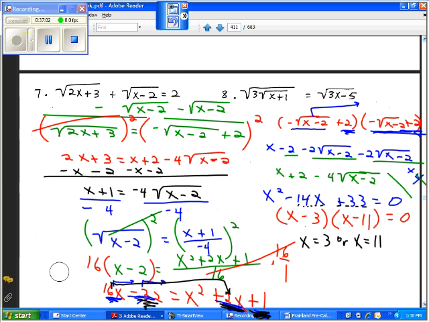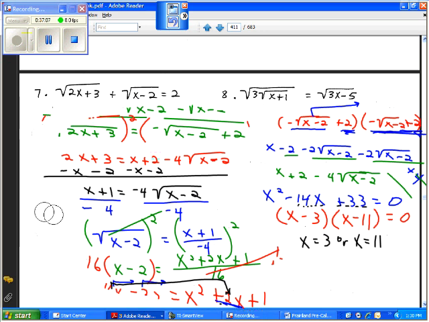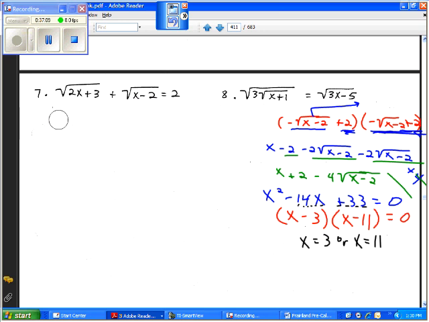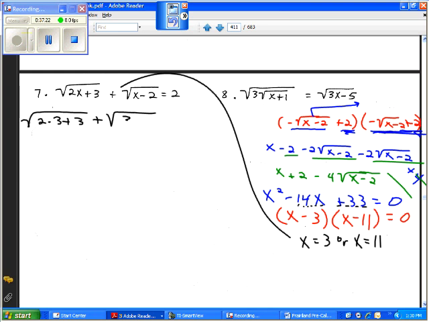But we still have to plug them back in to see if they work. These get kind of big. So we're going to plug these in. If we plug them in, we would have square root of 2 times 3 plus 3 plus square root of 3 minus 2 needs to come out to be 2.